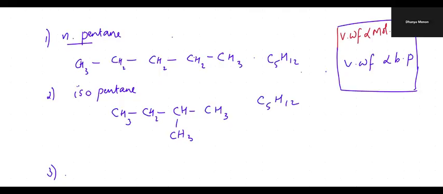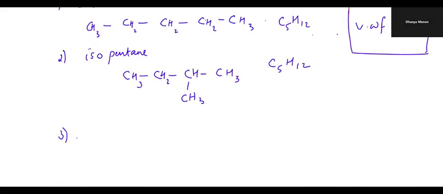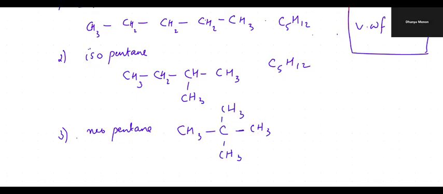I have one more, which is called neopentane, which has more branching. You will be studying about all these. CH3, C, CH3, CH3, and CH3. This also has the formula C5H12. All of them are called isomers, which have the same formula but different structure.